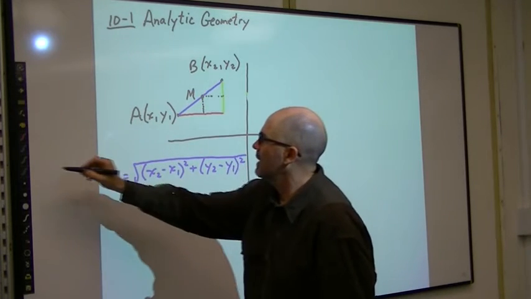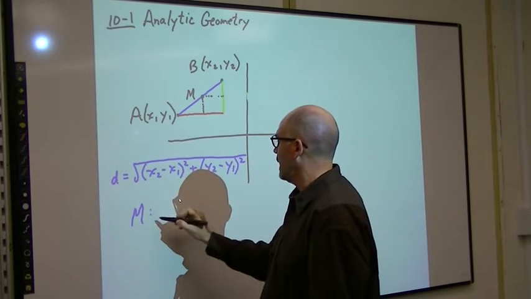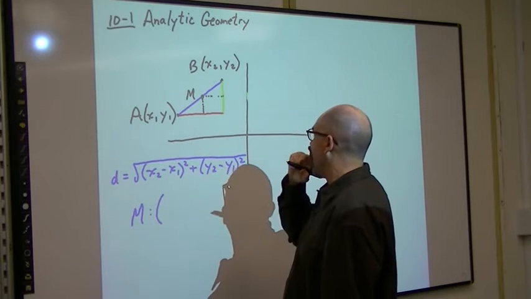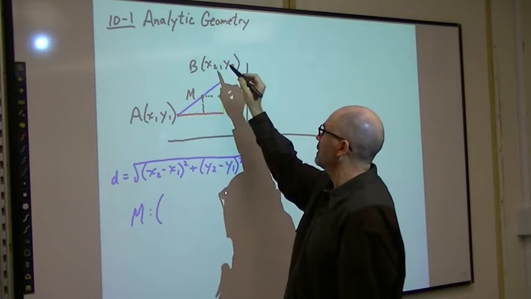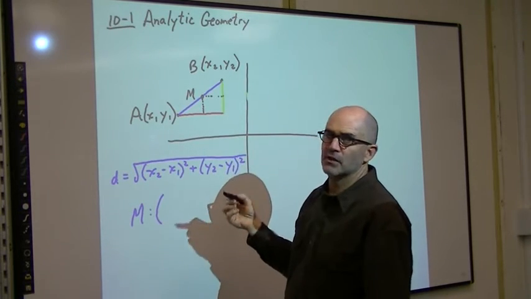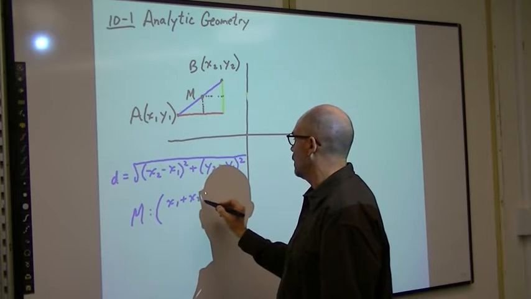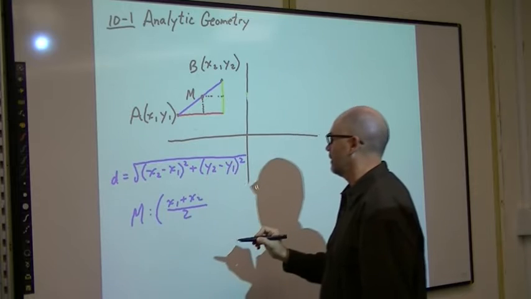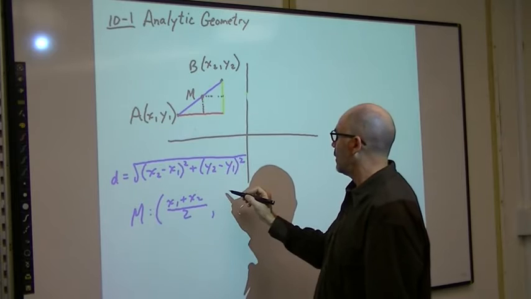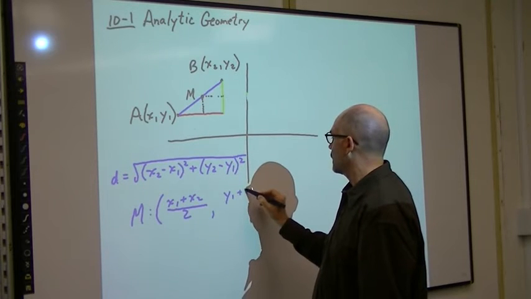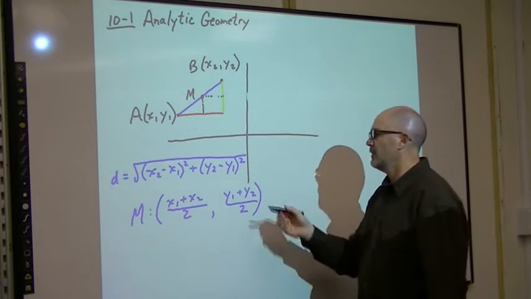So my midpoint formula is just going to be the average of the x's. What's the average of the x's? Add your x's up, divide by 2. So x sub 1 plus x sub 2 over 2. Then the average of the y's. So we add our y's up, y sub 1 plus y sub 2 divided by 2. That's my midpoint.